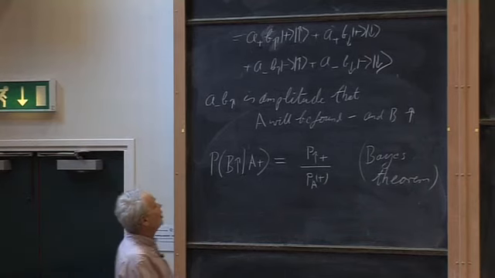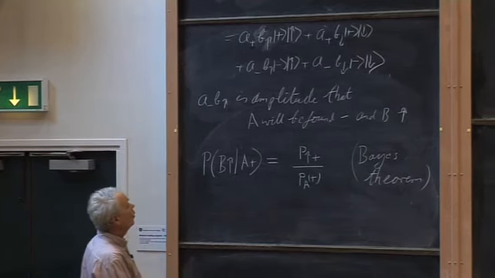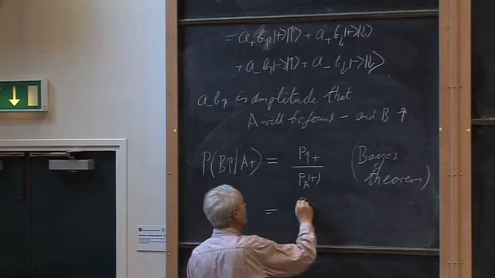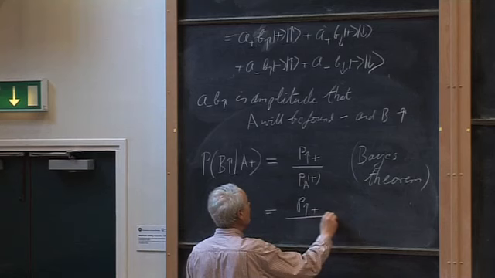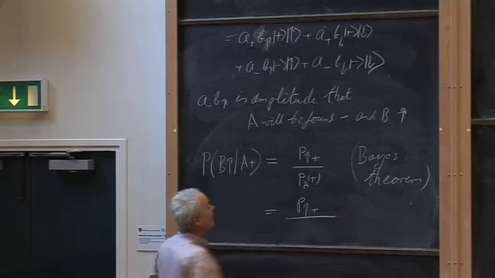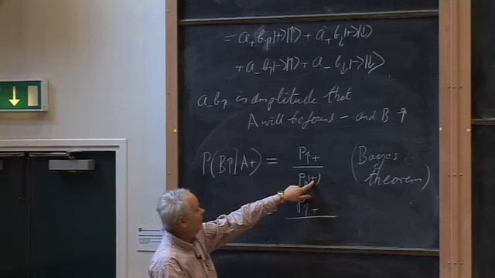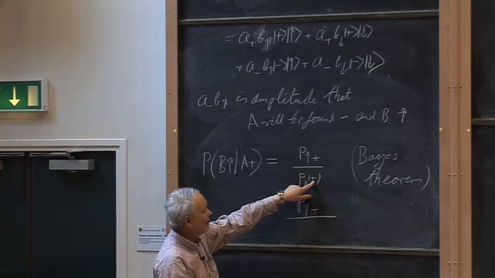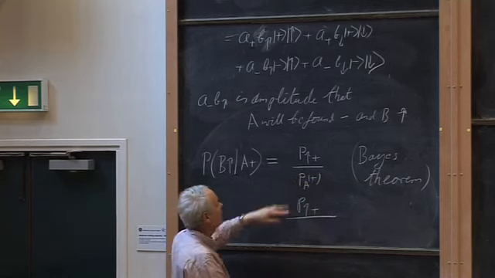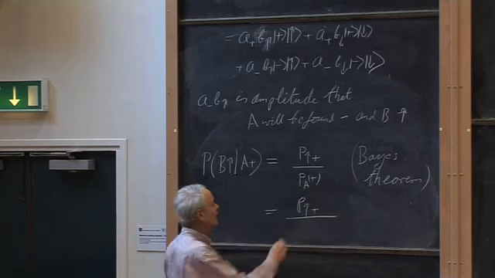All right. So what is that? That's the probability that we are up and plus, over the probability of having plus on A. We can have plus on A in two ways with the composite system. We can have it either with B down or B up, and they're mutually exclusive events, so I can add their probabilities.